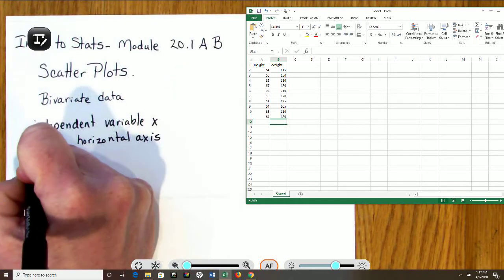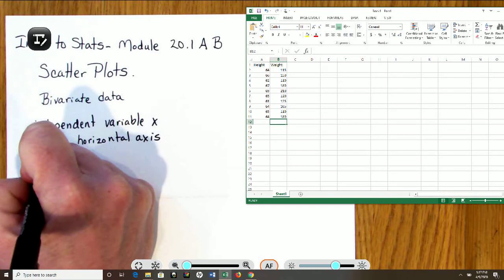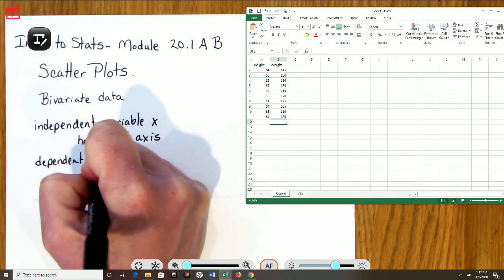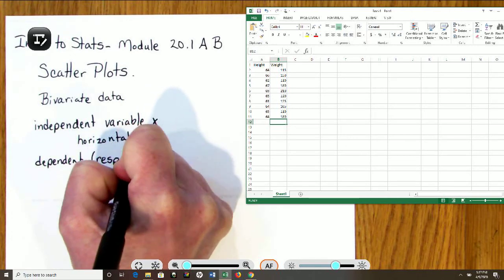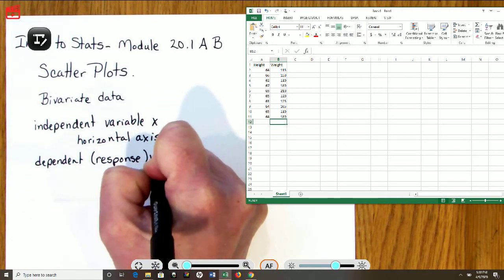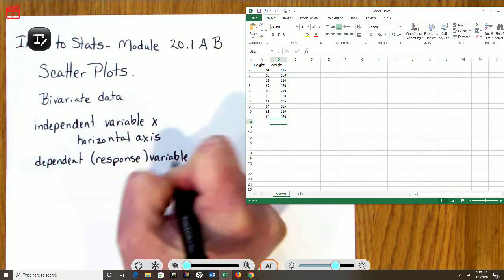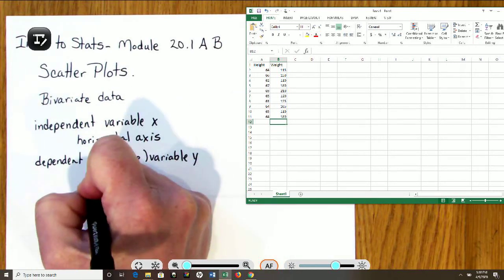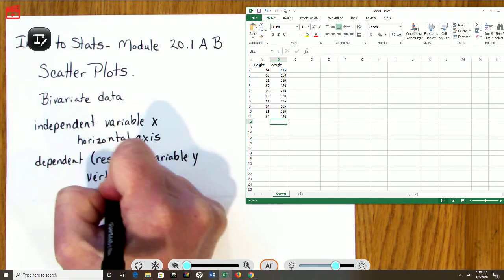And the other one will be our dependent, or sometimes referred to as the response variable. And that's going to be our variable y, which is going to be on that vertical axis.